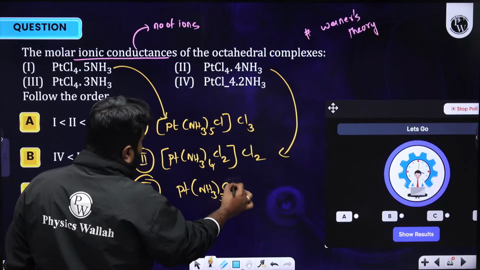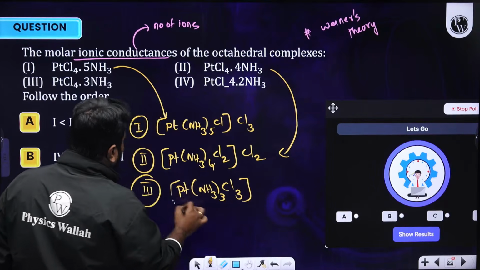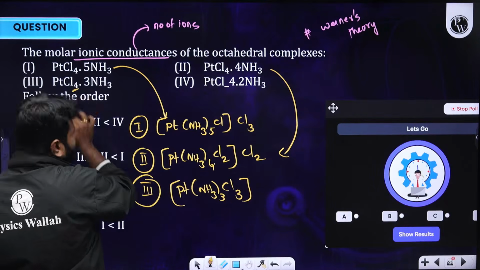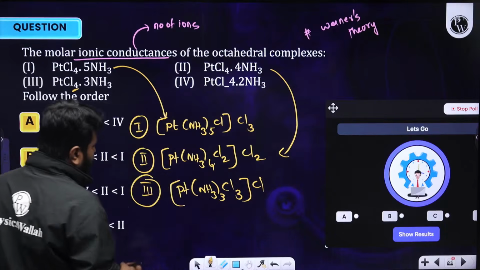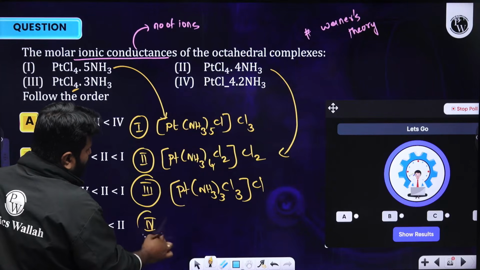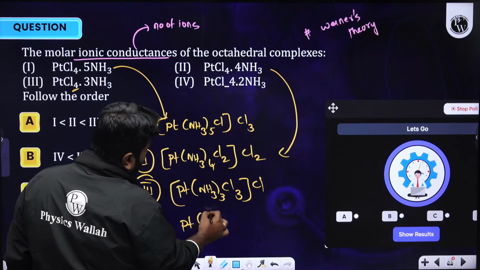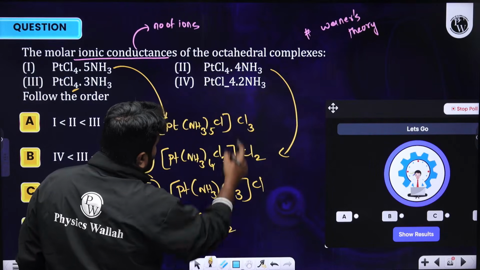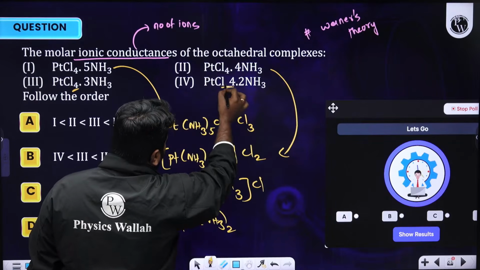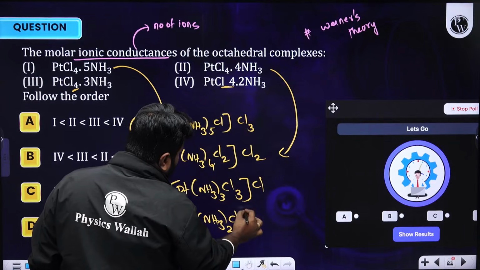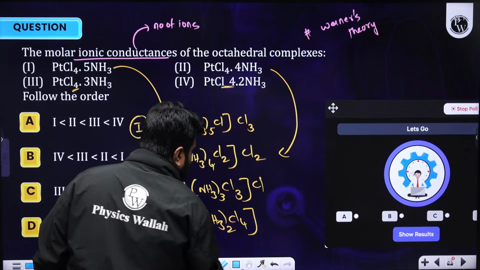I need to balance coordination number 6 by adding another 3 Cl. So only 1 Cl is left, that will come outside. Fourth one, if I take Pt, only 2 NH3 is there. 4 Cl I need to add. All the 4 Cl is there. So nothing will be left over outside.